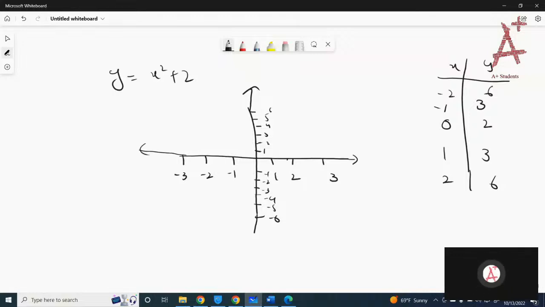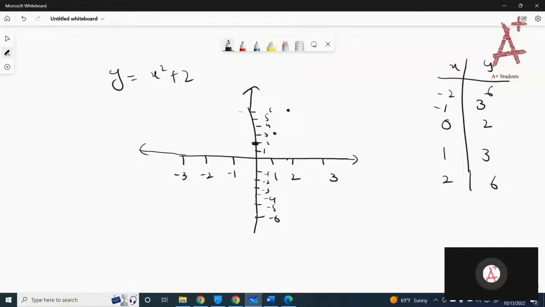Okay, start with when x is 0, y is 2. Here you have a point because on the y-axis x is 0. Then when x is 1, y is 3. When x is 2, y is 6.